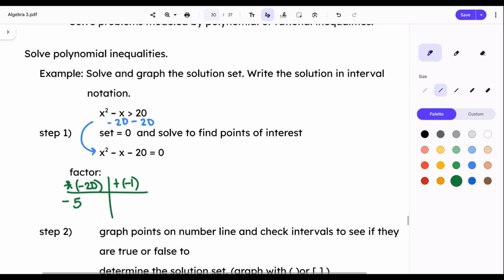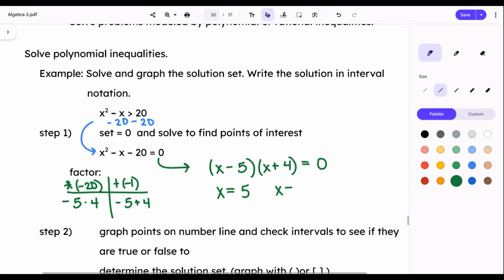You want negative 5 times 4, and negative 5 plus 4. So this is going to say x minus 5, x plus 4 when we factor it. But then we're still thinking about what happens if we set it equal to 0, because I'm looking for my solutions here. If you set each of those quantities equal to 0, what are you really going to get for your x?